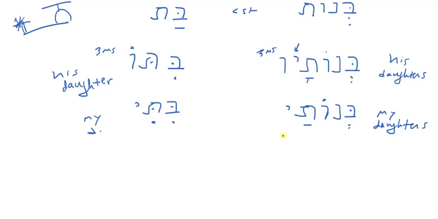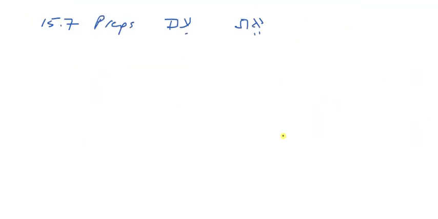Alrighty, let's take a look here at 15.7 now. We're dealing here with the prepositions im and et. The good news is that these mean the same thing. The bad news is that these mean the same thing. Okay? All right. So they both mean with. Et could also be the direct object marker, right?